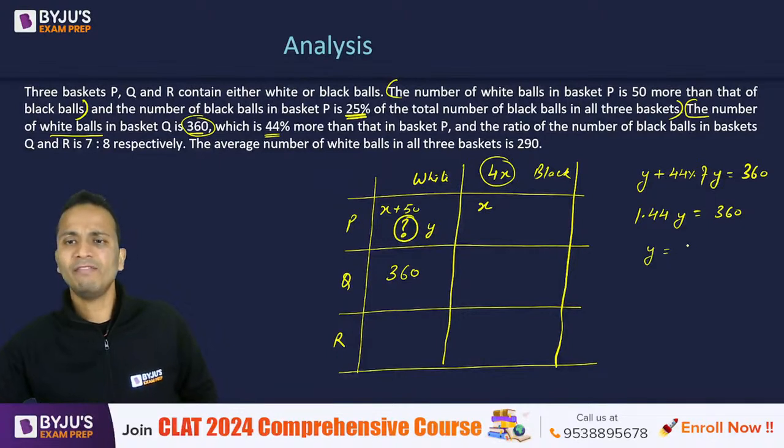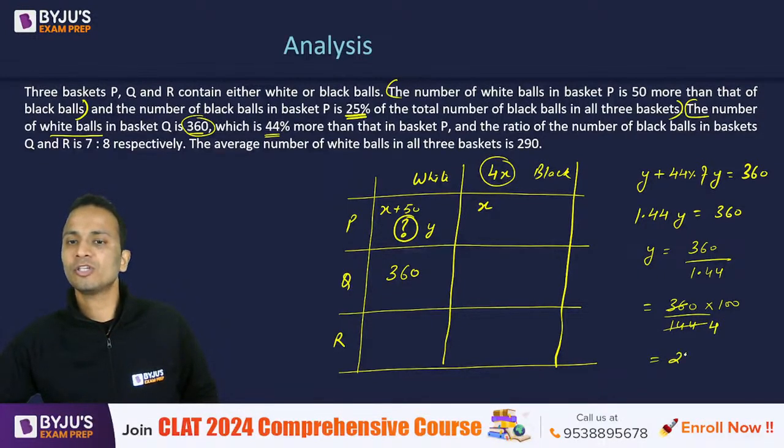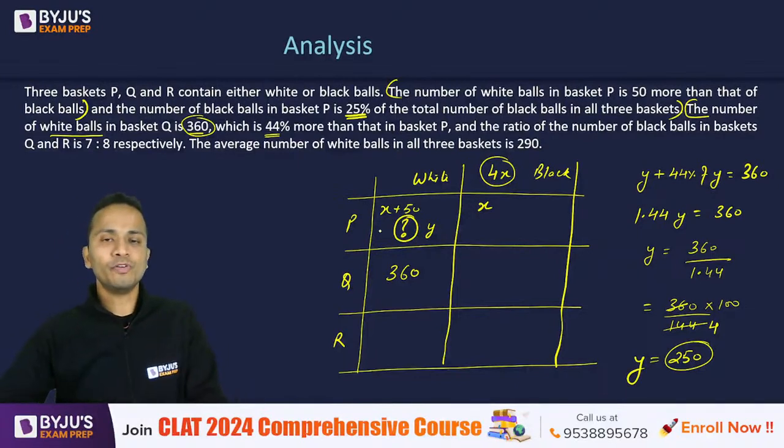So the value of y will be 360 divided by 1.44 or 360 divided by 144 and ऊपर 100 आ जाएगा. So मैंने decimals हटा दिया. Right? Now 36 multiplied by 4 is 144 and then this value will come out to be 25 into 10, that is 250. So easy calculations. So I can see that the value of y is 250.